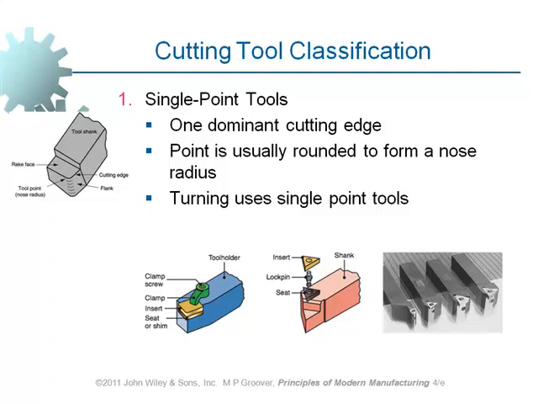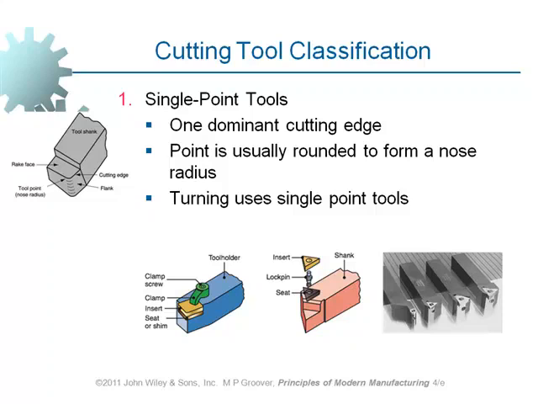Instead of having a very sharp cutting edge, we've got a rounded nose. What explains this? If there is a sharp cutting edge, that given point will be subjected to high frictional forces and cutting forces as well.